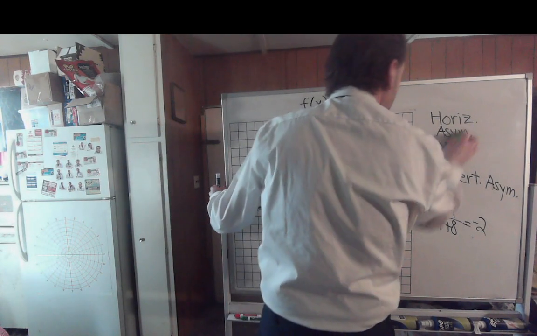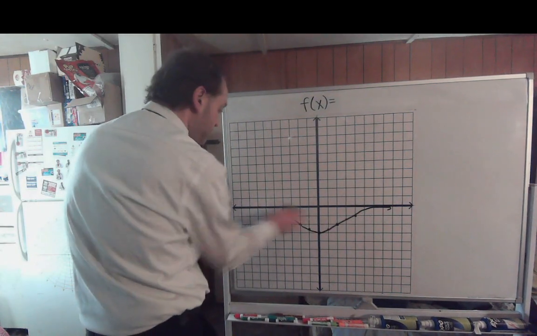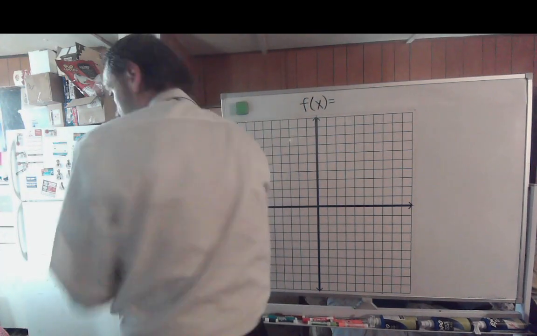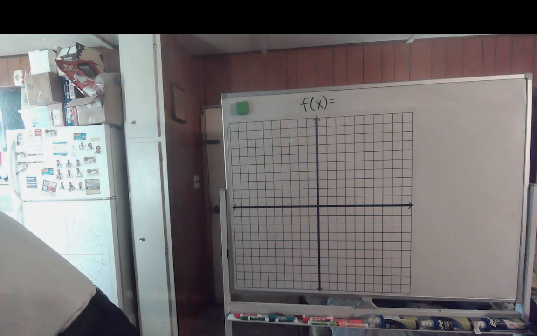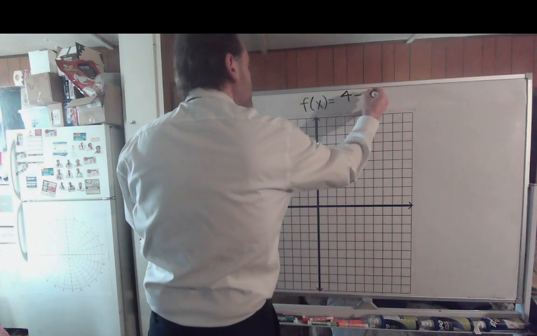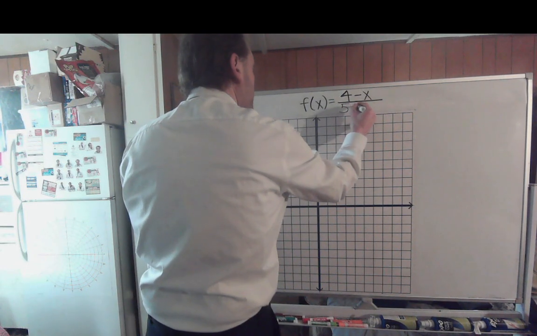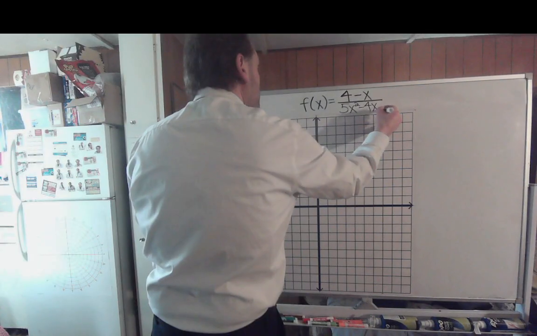I feel like we should do at least one more. Yeah, let's do this one. f of x equals 4 minus x all over 5x squared minus 4x minus 1.